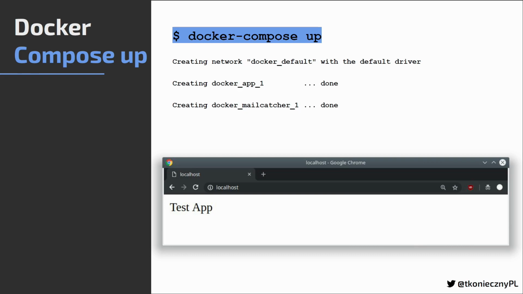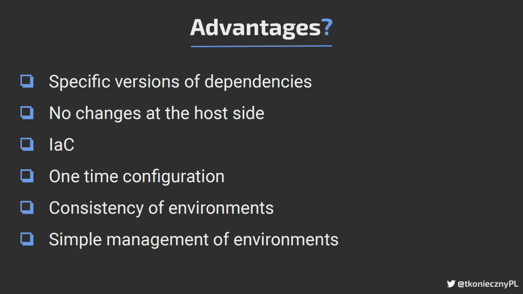Docker Compose up app, and we can see that an additional network was created, the container named docker app was started, and also the second one, docker mailcatcher, was started. And we can see our example application on port 80 on the host side in our favorite browser. So it's working fine.